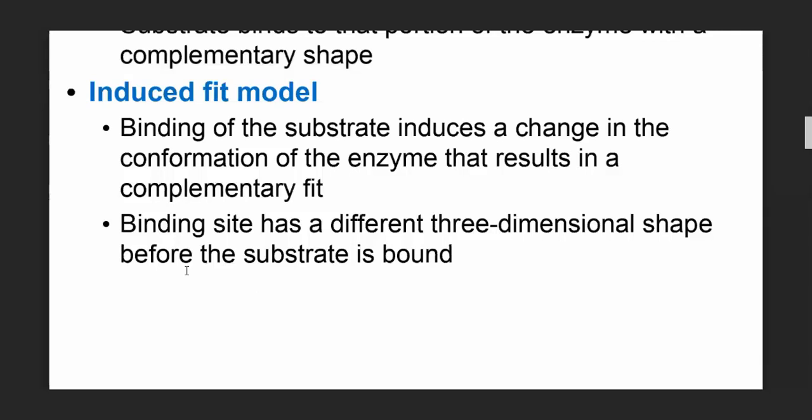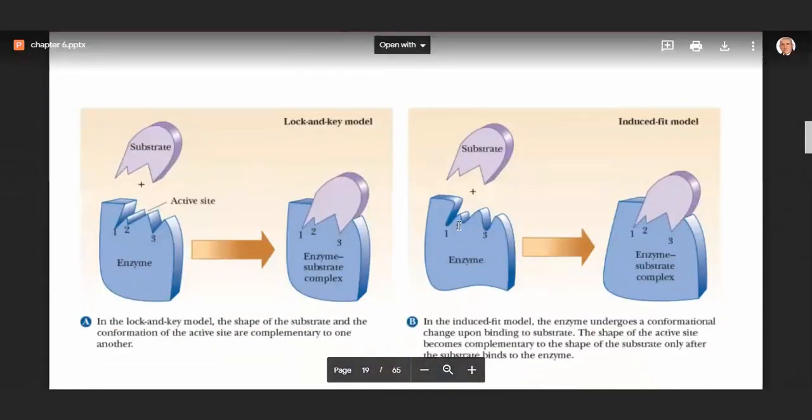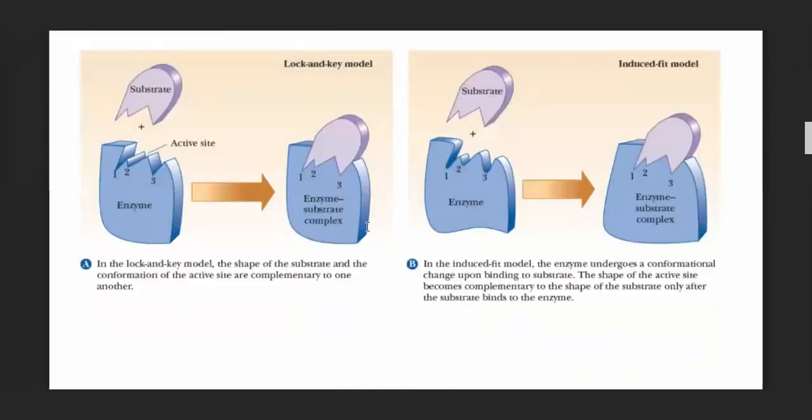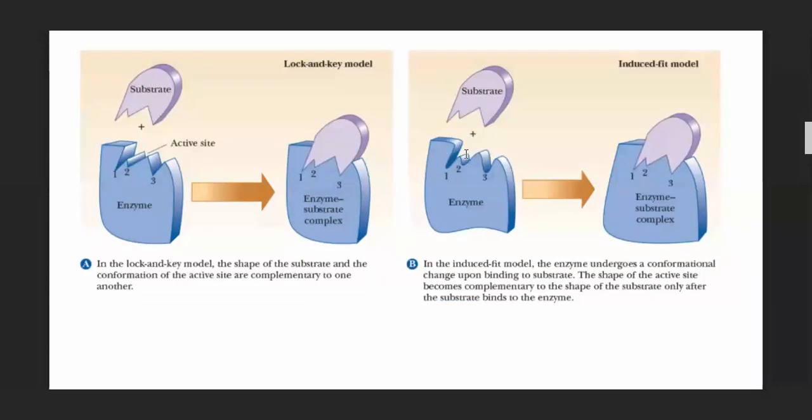If we look at the picture here, in the induced fit model, the active site is not complementary to the substrate, but the enzyme itself undergoes a conformational change upon binding the substrate. Once more, the enzyme itself undergoes a conformational change upon binding the substrate.